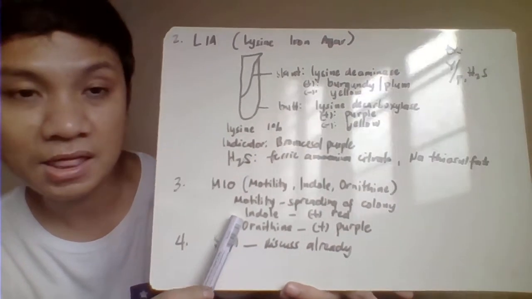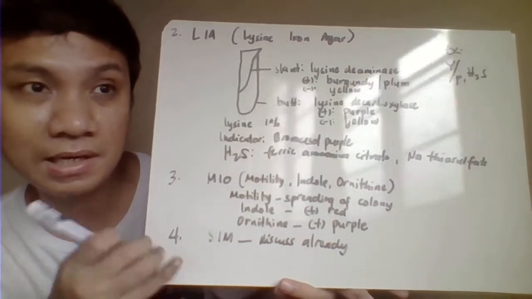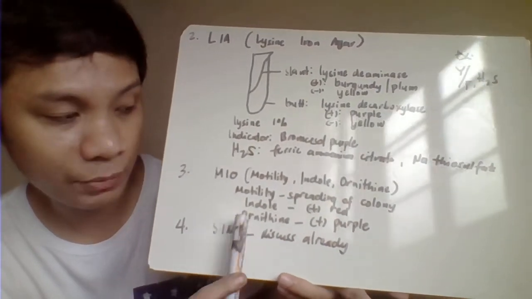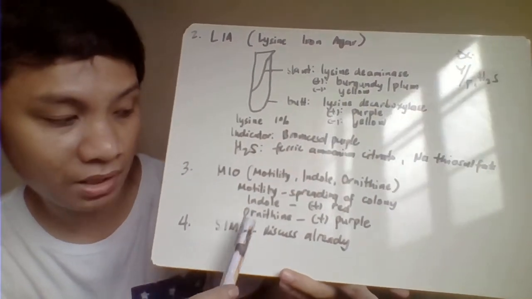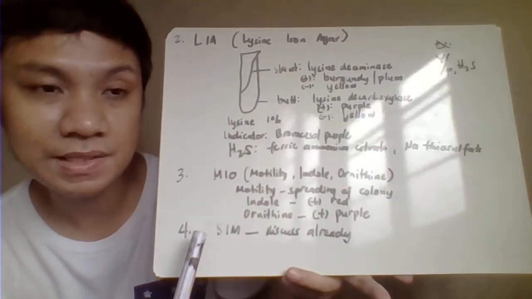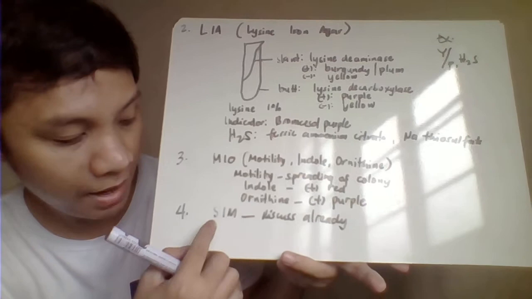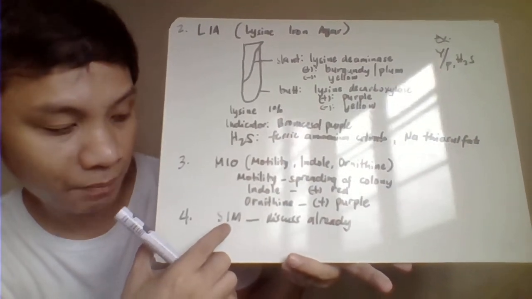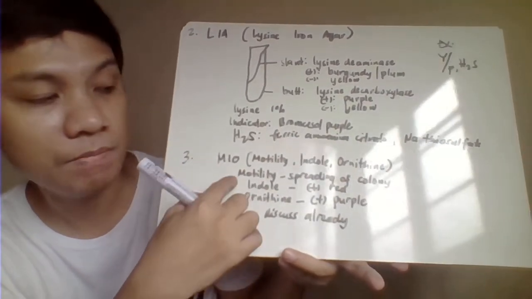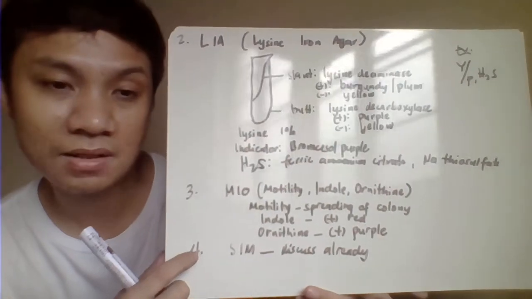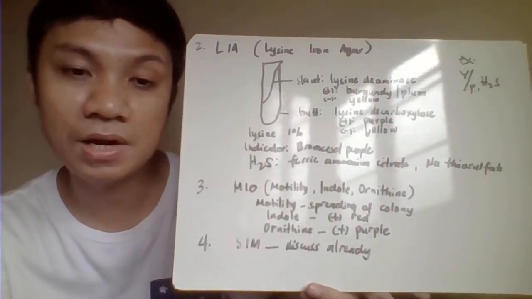And ornithine, that's ornithine decarboxylase, so the earlier three, ornithine, lysine, they would have a positive result of purple. Another one, we have the SIM. Same here for sulfide, H2S, with the blackening of the colony, indole for the red color. The motility would be identified here by the spread of your colony from the inoculated area.